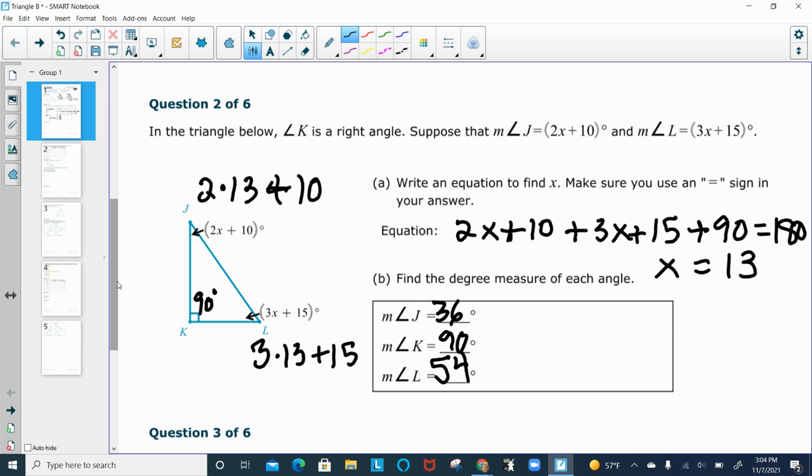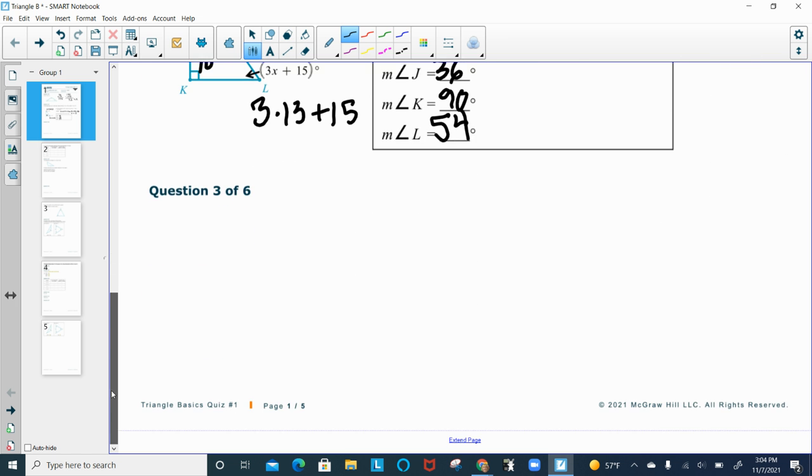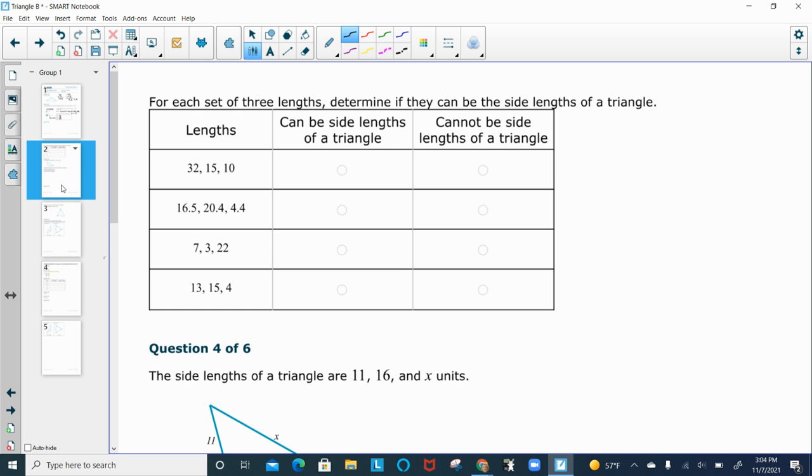Okay, question 3. We're at the halfway point here. We're going to have to go to the next page. Question 3 says, for each set of 3 lengths, determine if they can be the side lengths of a triangle. So it's basically 4 problems. You have problem 1, problem 2, problem 3, problem 4.